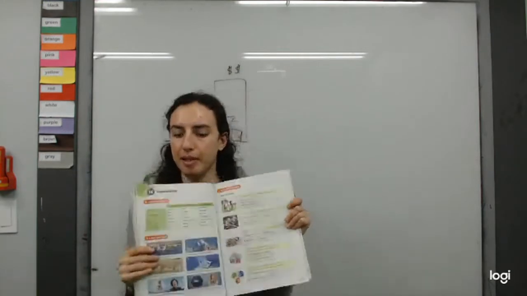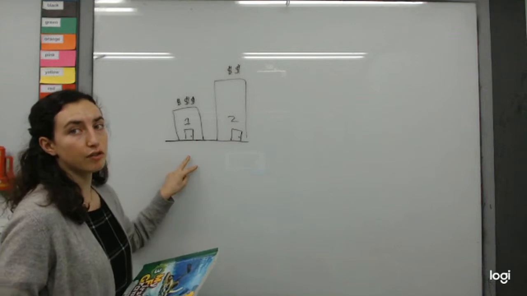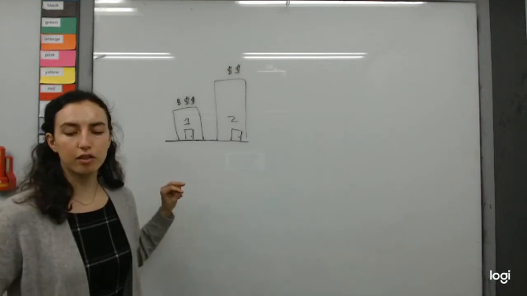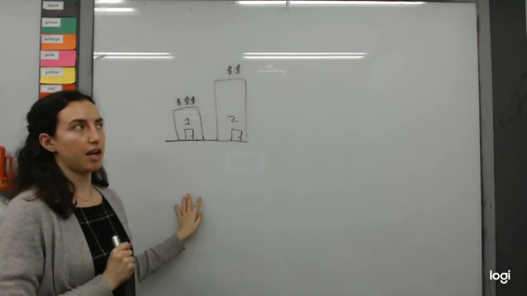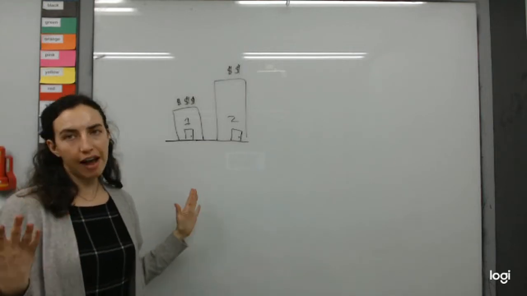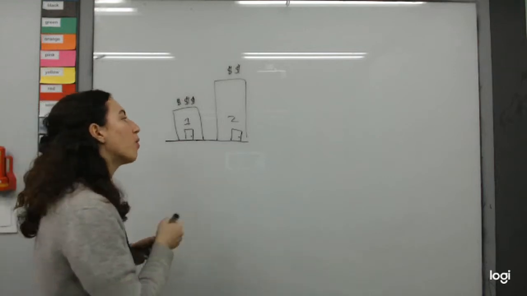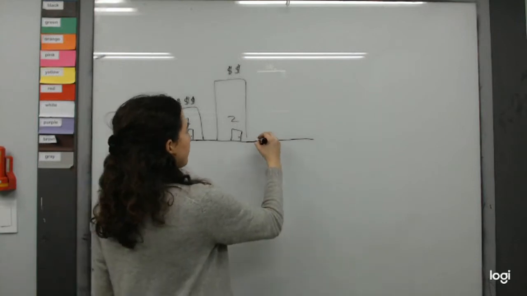We will learn about superlatives. So when we have comparatives, we compare two different things and how they are different. When we have superlatives, we compare more than 2. So we can compare 3, 4, 5, 100. Anything more than 2, we use superlatives. So I will draw another building.